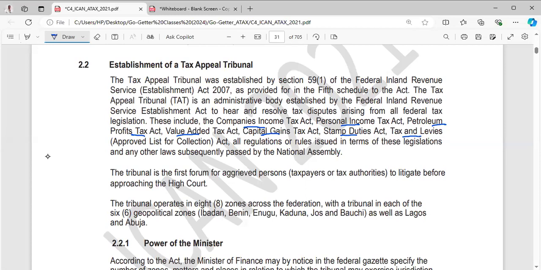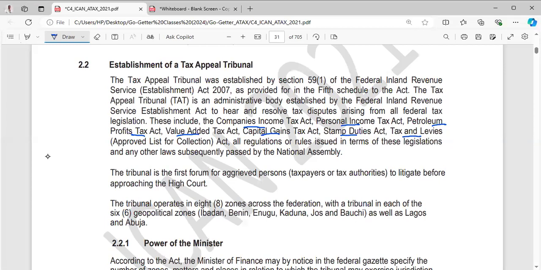So when it comes to tax matters, all the laws relating to company tax, personal income, value added tax, capital gains, all of them, they have the jurisdiction to hear these cases and to resolve them amicably.